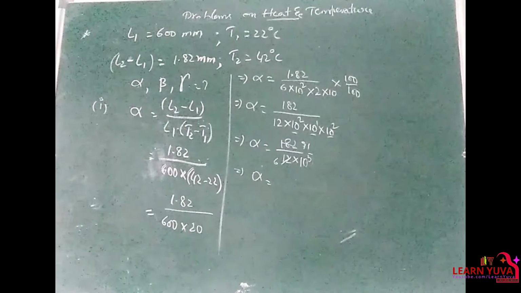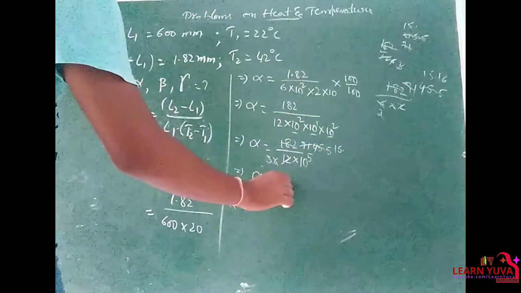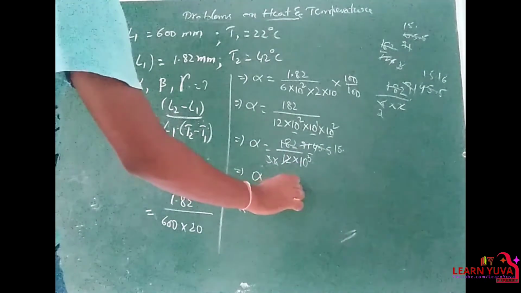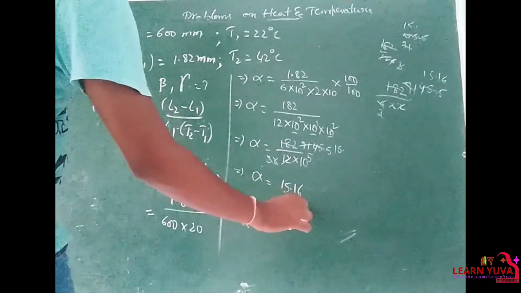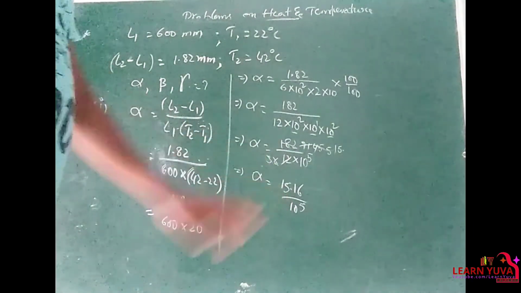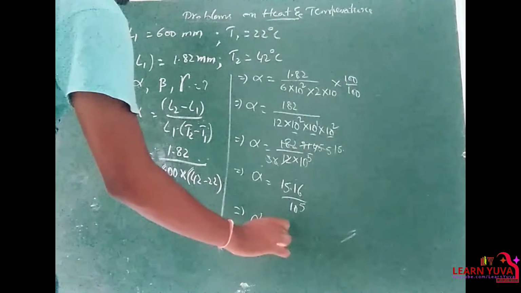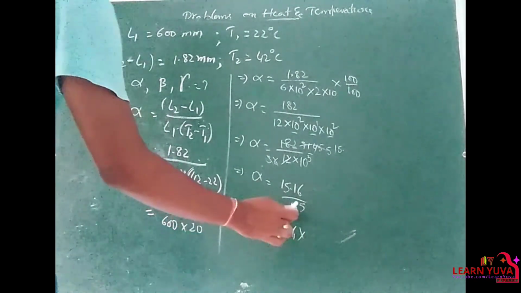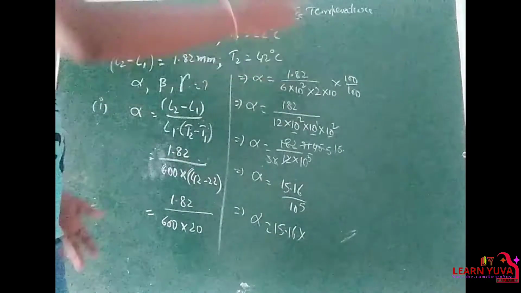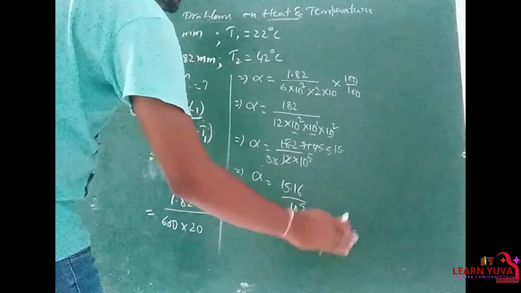Right? Next. So this is nearly 15.16 by 10 power 5. That implies alpha is equal to 15.16 into 10 power plus 5. If you send it to the numerator, that becomes 10 power minus 5 per degree Celsius.